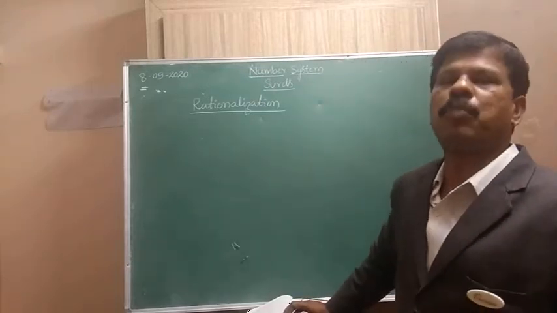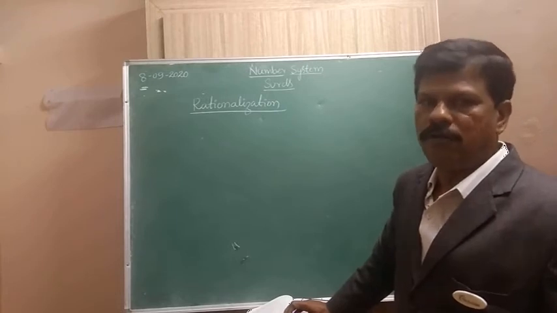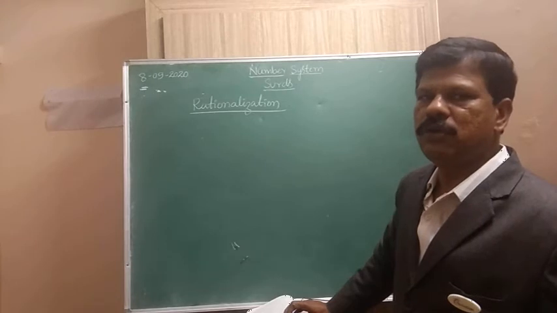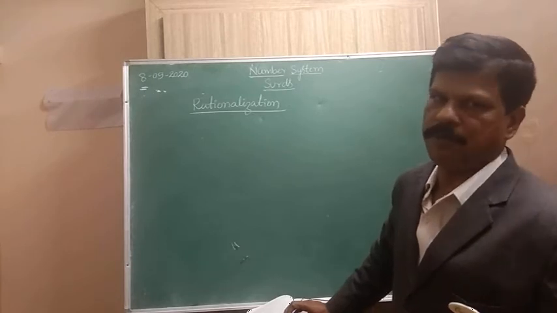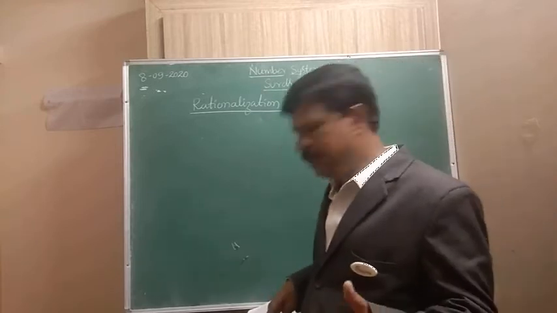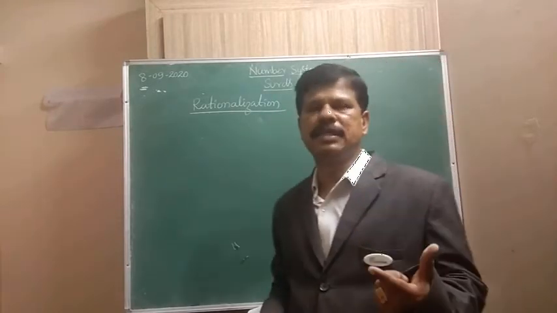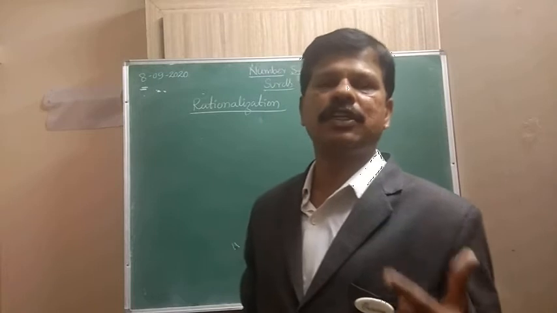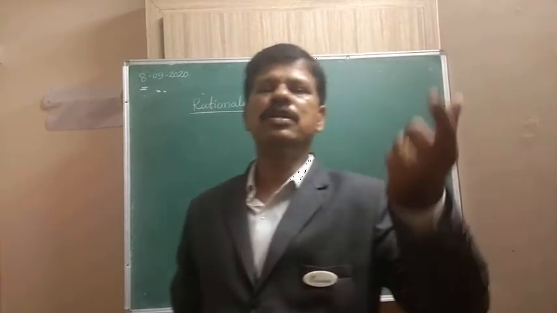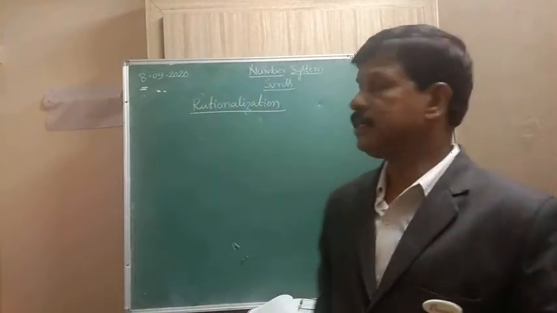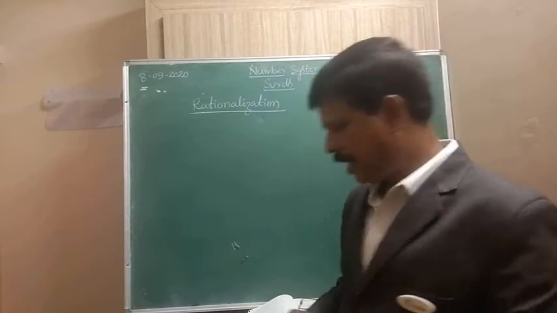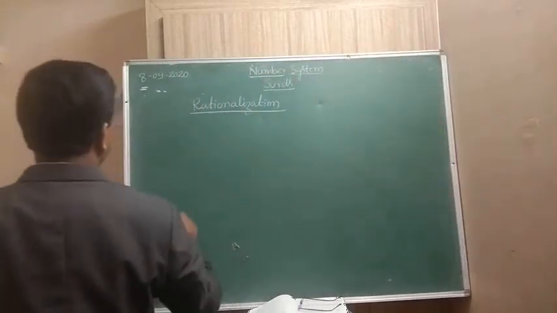Rationalization is a process of converting a given surd into a rational number. That means multiplying a surd by another surd to get a rational number. That means we have to remove the square root symbol. That is called rationalization.